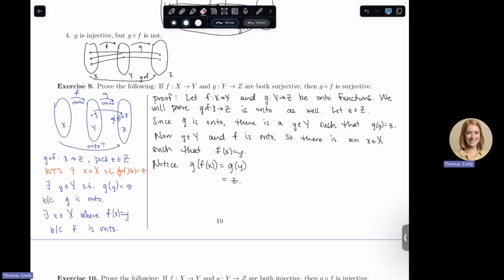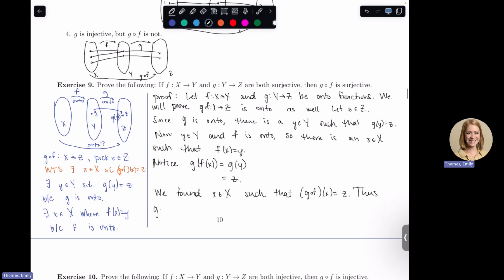So we found x in big X such that g of f of x equals z. Thus, g of f is onto.